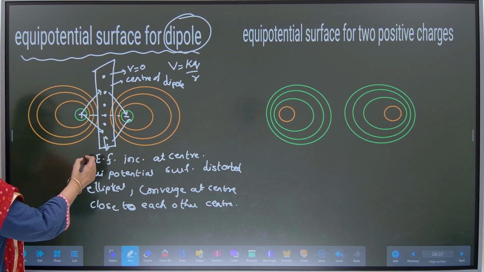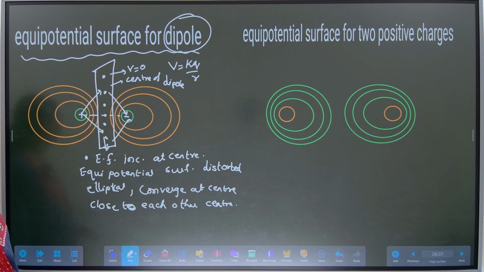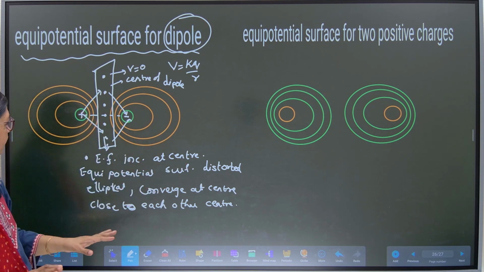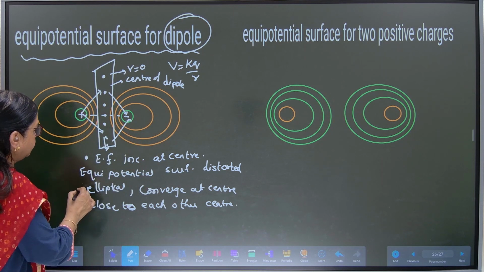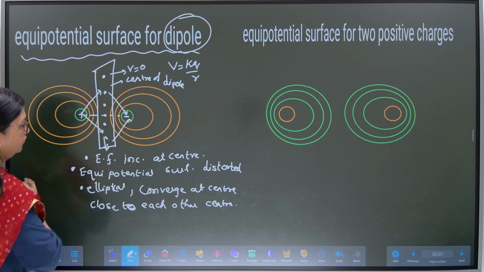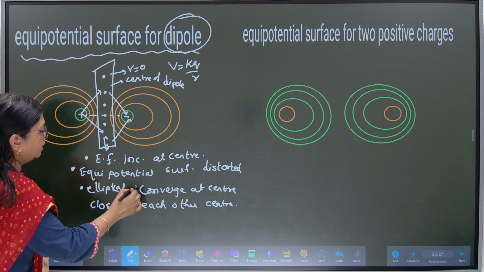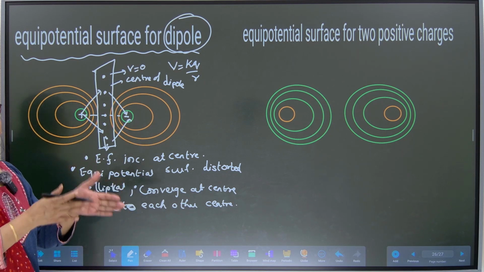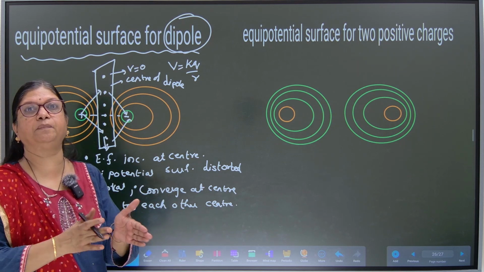What is it? The electric field increases at the center. Why? Because they are in the same direction, they will join up. Because of that, equipotential surfaces get distorted. Their shape becomes elliptical. They converge at the center, join at the center, and the distance between the equipotential surfaces becomes less.